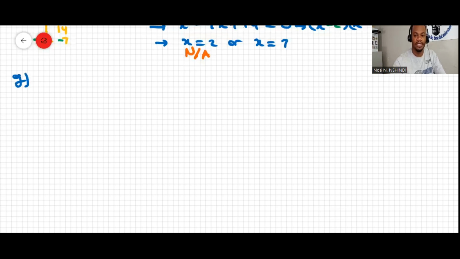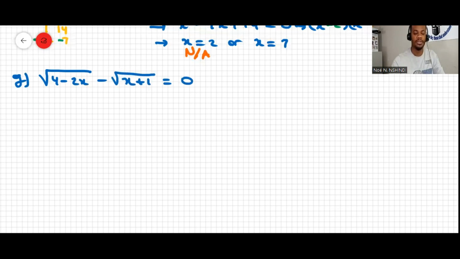The question says that the square root of 4 minus 2x minus the square root of x plus 1 equals 0.